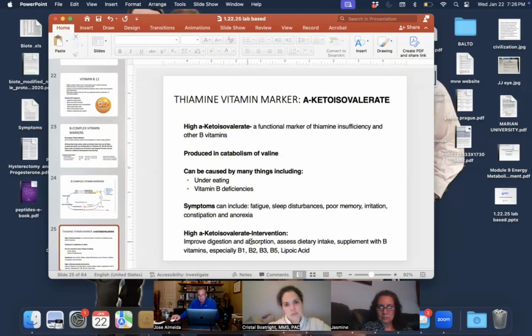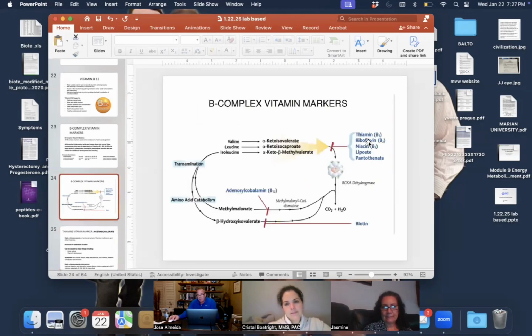Improve diet and absorption. Maybe there's an infection in the GI tract, so you may need a GI map test to see where the GI problem is. Assess dietary intake. Supplement with B vitamins, especially these. Why these? Because these are the ones required to get this enzyme to function.